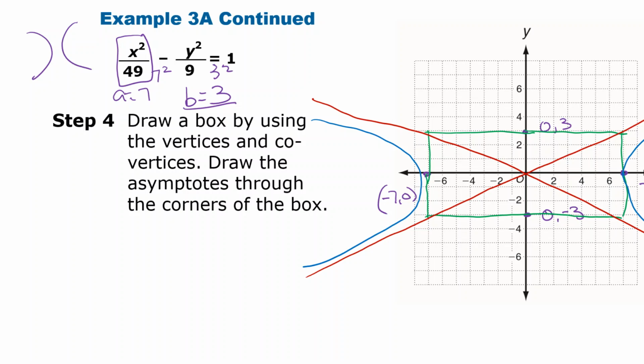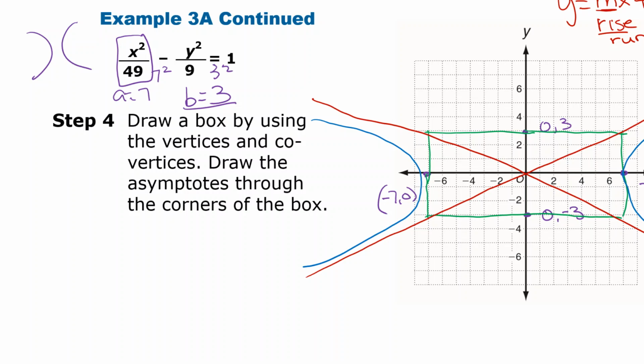Now, the last part of this was to determine the equations for my asymptotes. And remember, the equation for a line is y equals mx plus b. And remember, our m is our rise over run. All right, and my b, when x is 0, y is 0. So I'm actually just going to have y equals my slope times x.